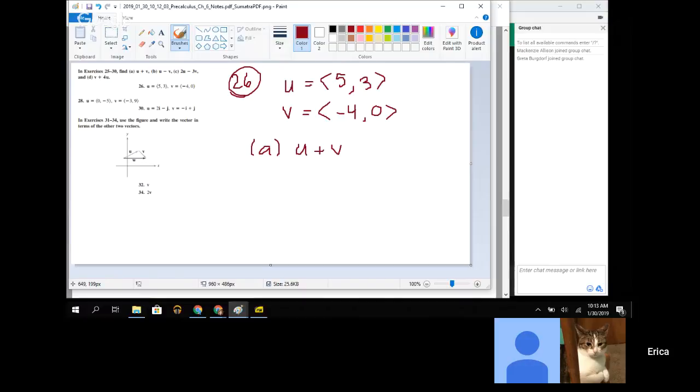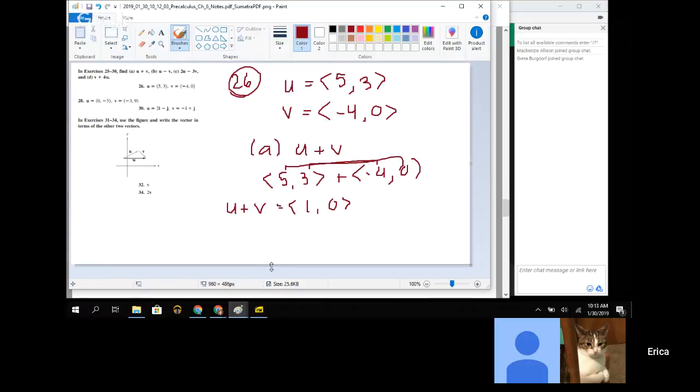Literally, u plus v means we add together 5, 3 plus -4, 0. You add the x part together, so 5 plus -4 is 1, and then 3 plus 0 is 0. So vector u plus v would be 1, 0.